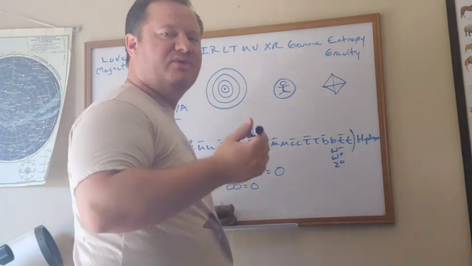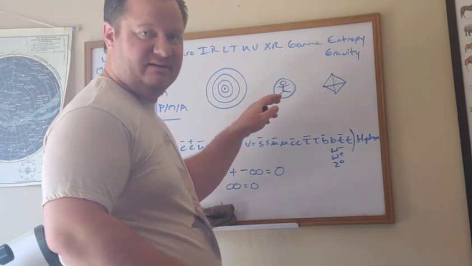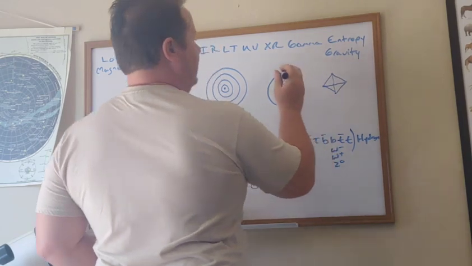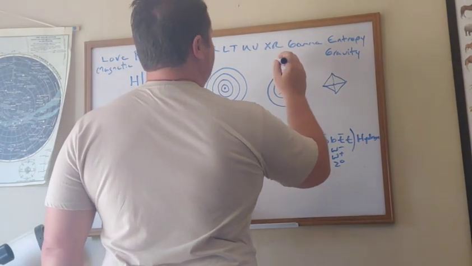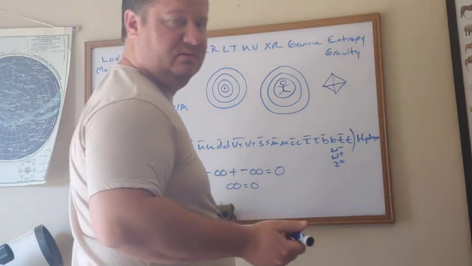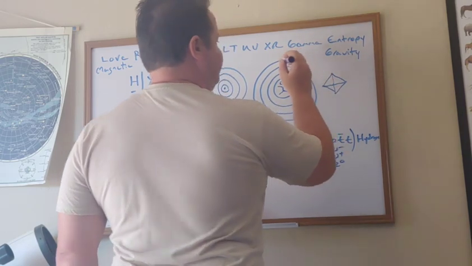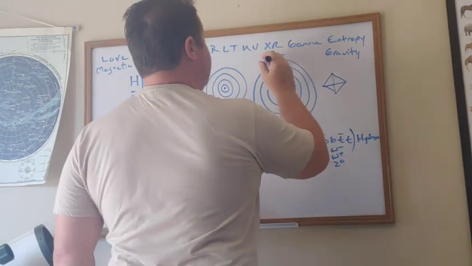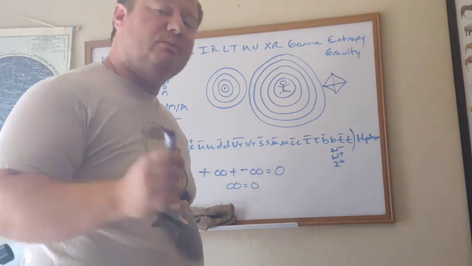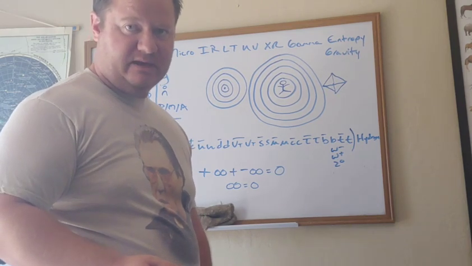You are the fundamental particle, basically floating around a gluon, okay, which is orbiting around a photon, which is orbiting around a black hole, which is all within space, which is all within you. You are both the fundamental particle as well as the universal particle. Okay?